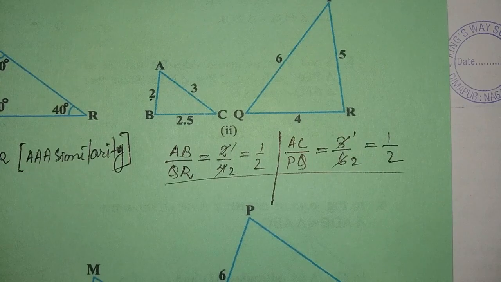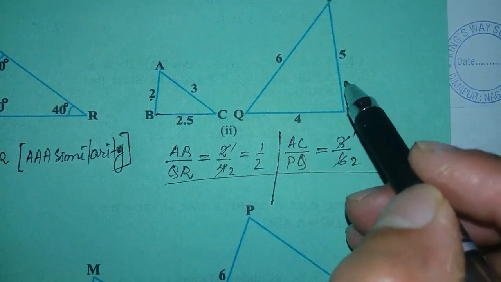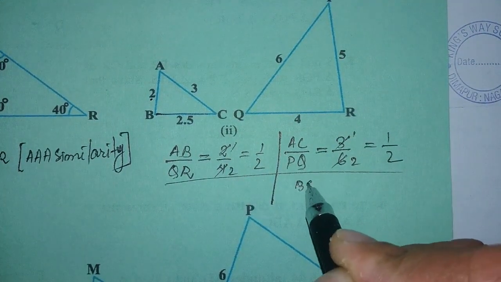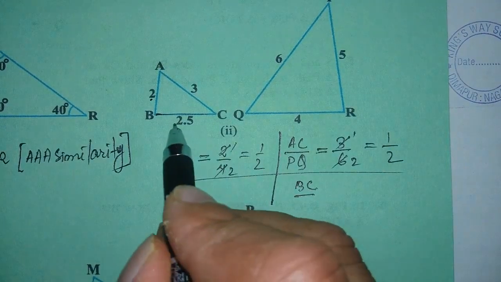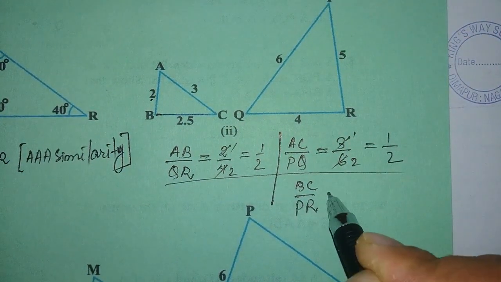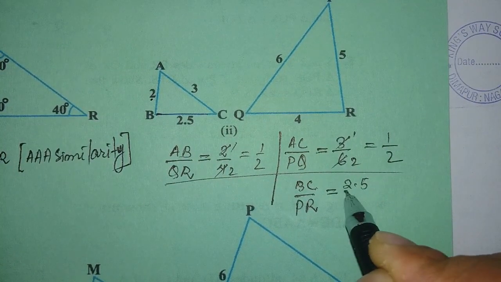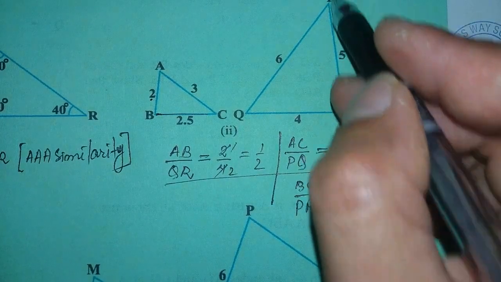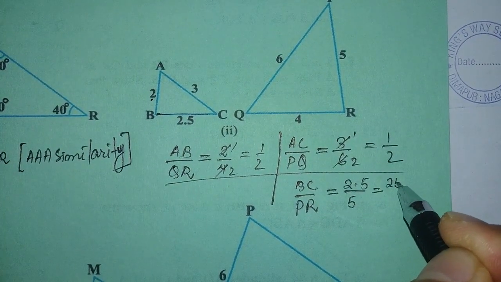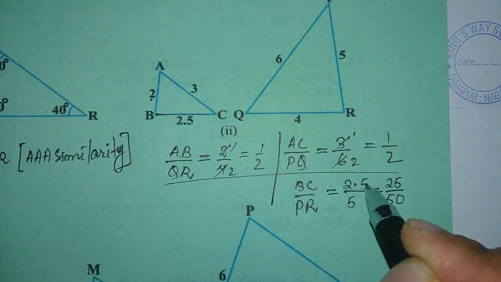And then again the middle side here is BC by PR. So BC is 2.5 and PR is 5. Now let's remove the point. So we will have here 25 by 50.